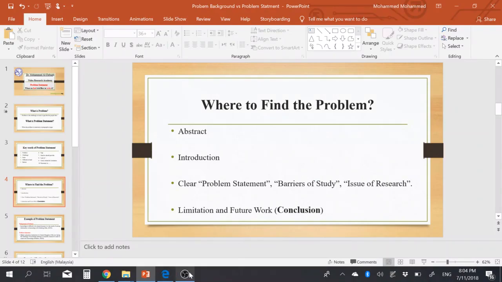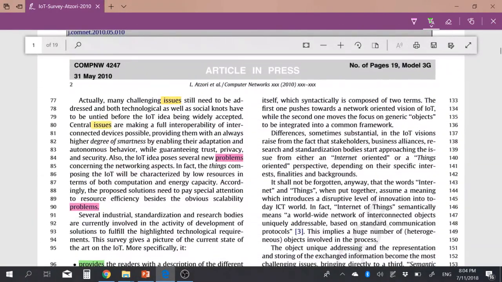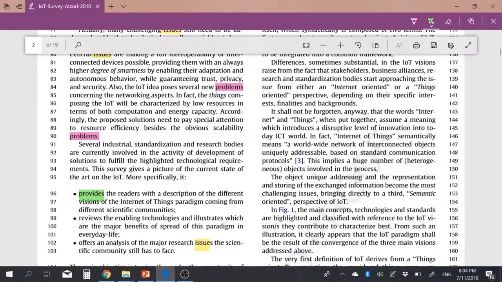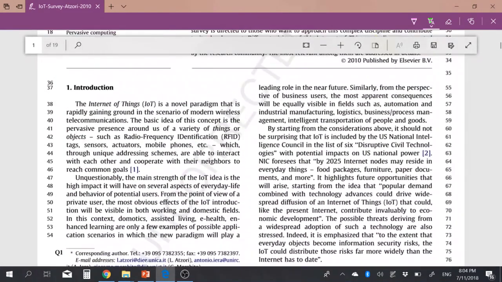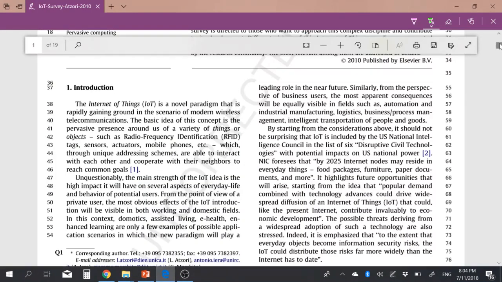Then the introduction, let's go to the introduction and see. This is the introduction: issues, problem, provide, issues. Also sometimes in an article, especially a review article or systematic review, they will write the problem statement, barriers of study, issue of the research. I will show you here.